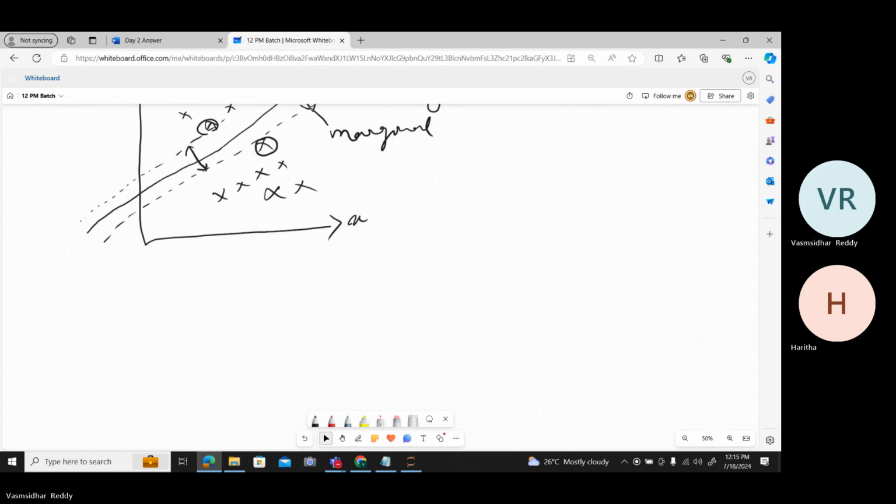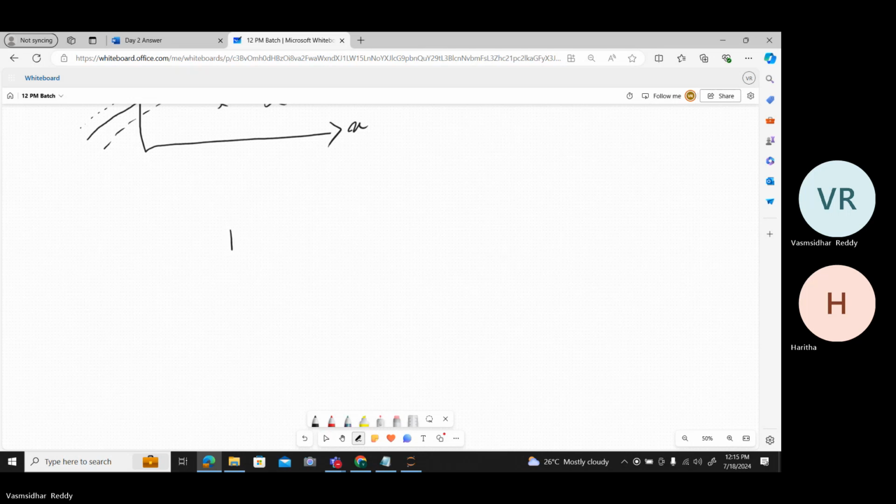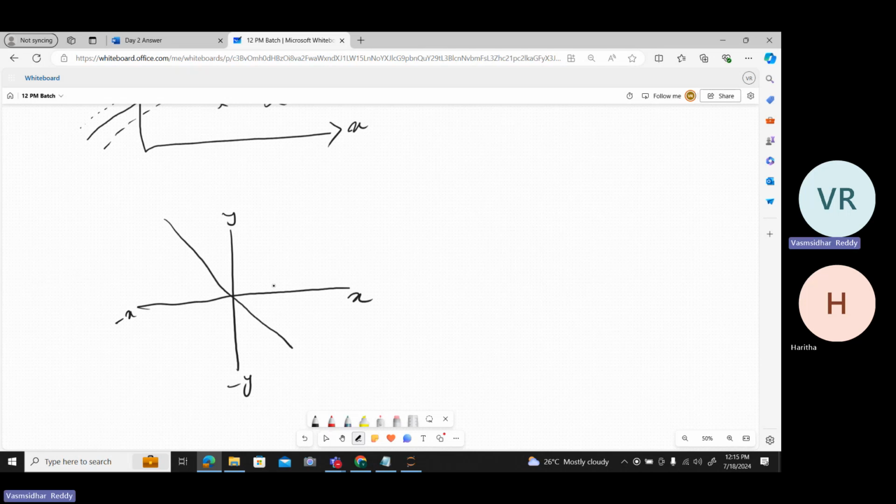So this is the x-axis and y-axis, right? Consider x minus x, y minus y. If you draw a line like this, what is the slope? It's minus 1, because it goes towards the negative side. What is the value of this point?